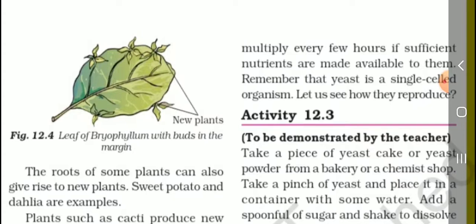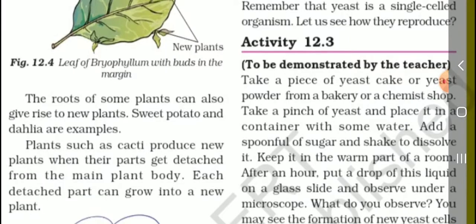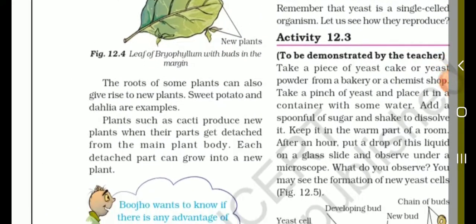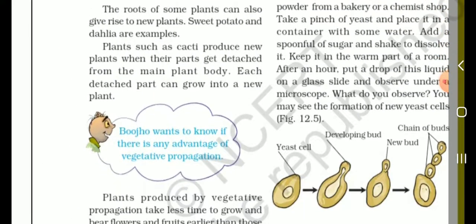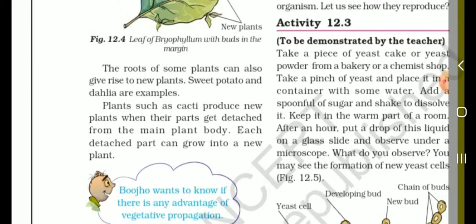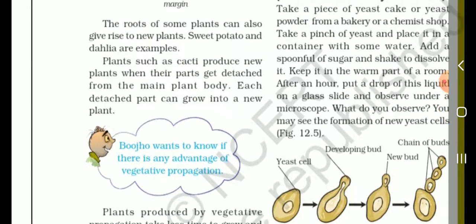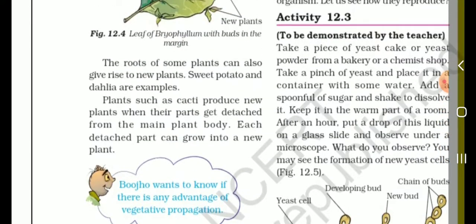Okay, next activity, students. Listen, this activity is reproduction in yeast by budding. So budding example, yeast. Are you clear, students?